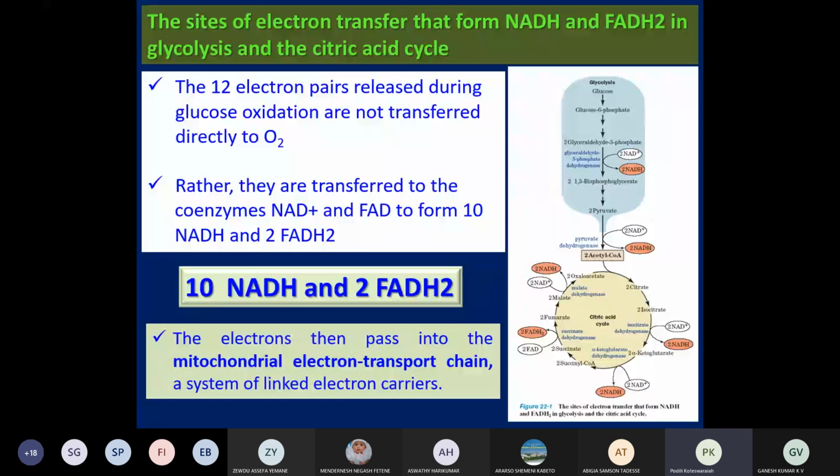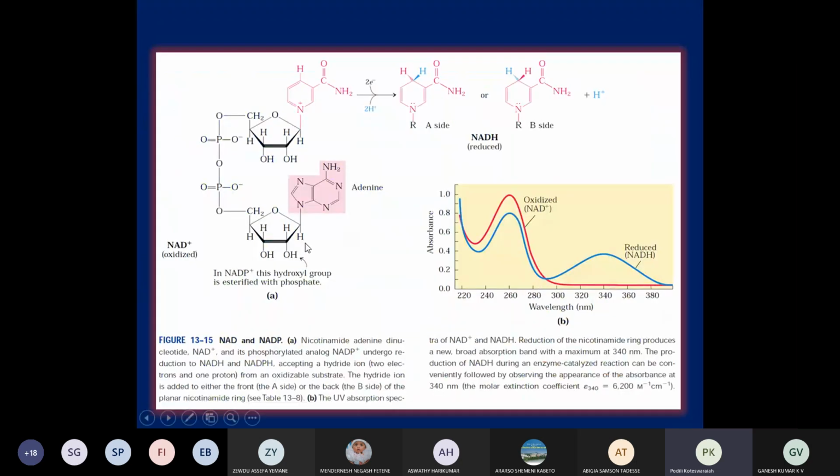In both, when glucose is oxidized to pyruvate and when it enters the TCA cycle, we get 10 NADH and 2 FADH2 molecules, and these NADH and FADH2 molecules are high energy molecules, in the sense that they have high energy electrons in their structure.